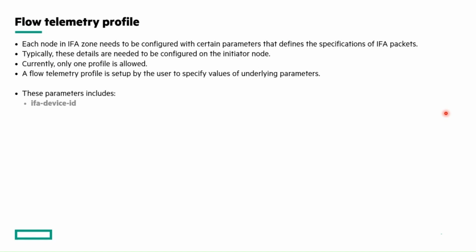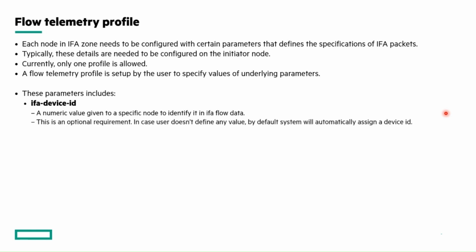These parameters include the IFA device ID, and this is what we have seen in the IFA packet itself, which is a numeric value given to a specific node to identify it in IFA flow data. This is user configurable, and the user can choose a value based on their deployment. Now, this is an optional requirement.